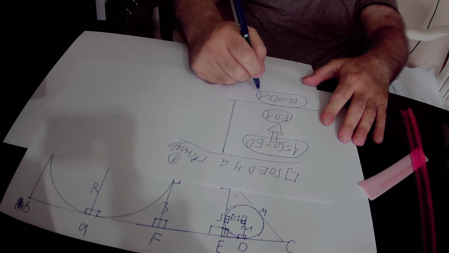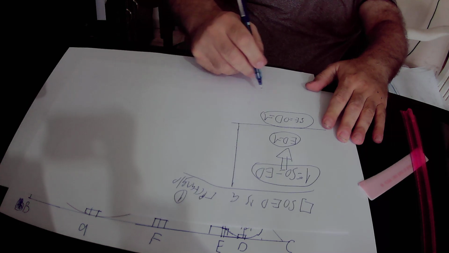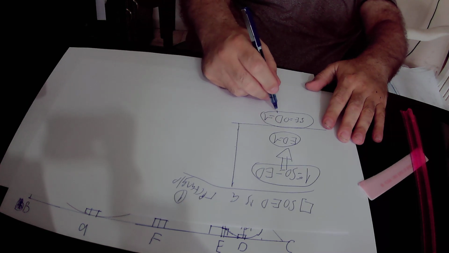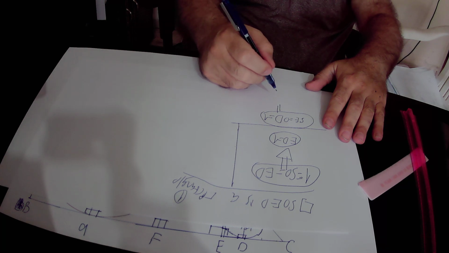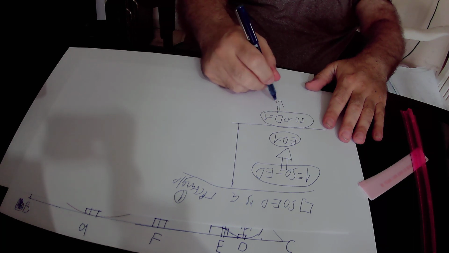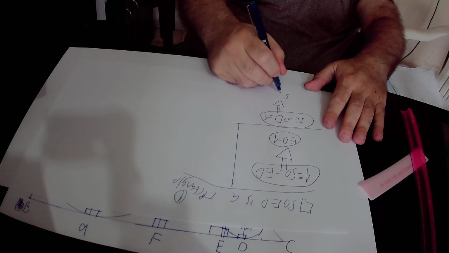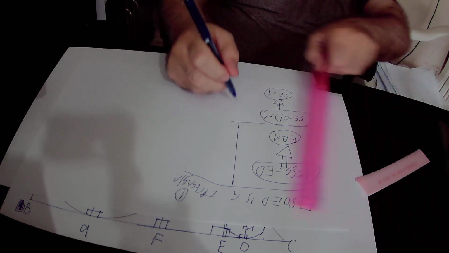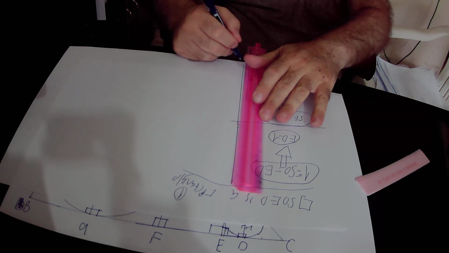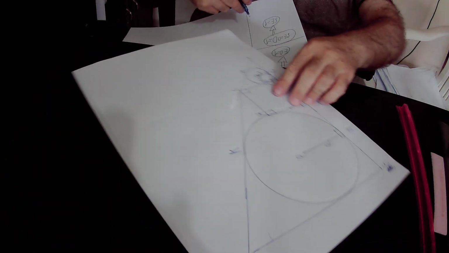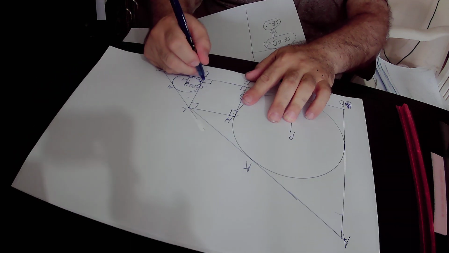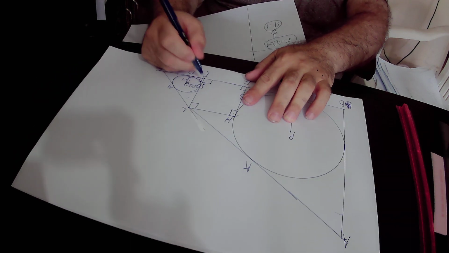And from this equation, SE equals OD equals 1, we derive that SE is also equal to 1 unit.